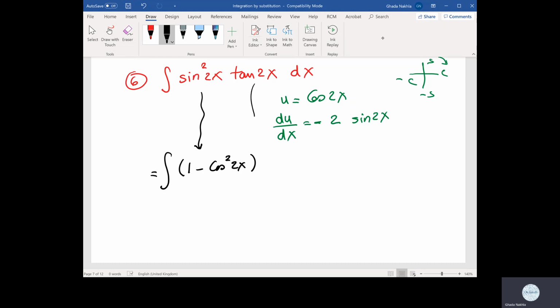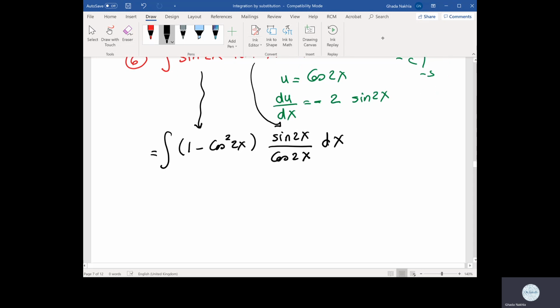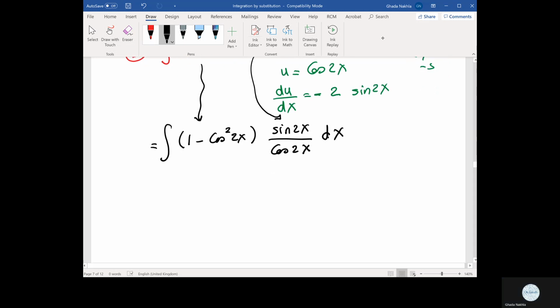Okay, I also know that tan 2x is the same as, tan is sine over cos, so sine 2x over cos 2x dx. Just trying to simplify things and make things simple for myself when I start substituting.